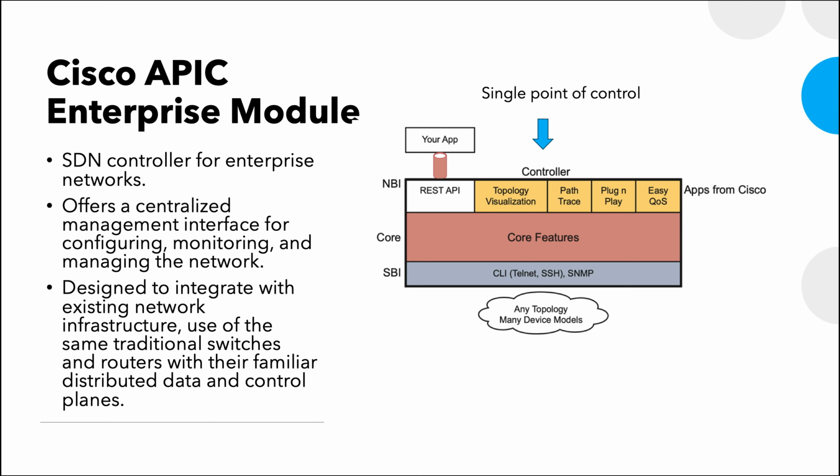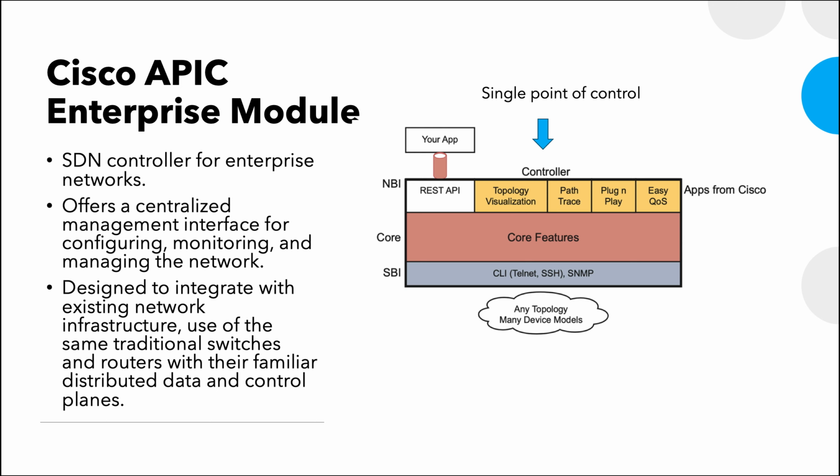It also includes applications like topology map. If you see on the left, it includes an application that discovers and displays the topology of the network. It also includes path trace, the second one. The user supplies a source and destination device, and the application shows the path through the network along with the details about the forwarding decision at each step.